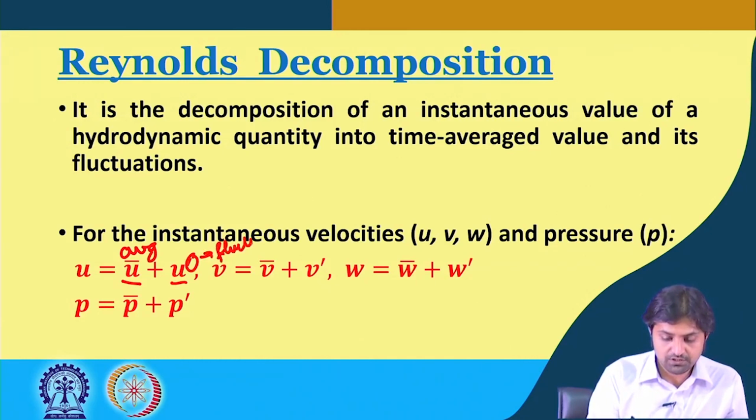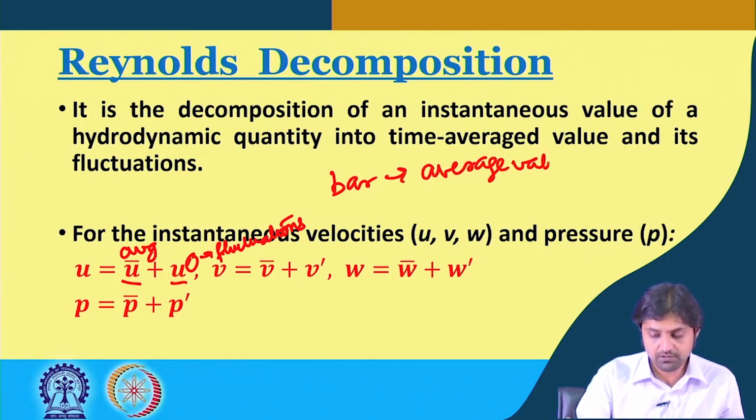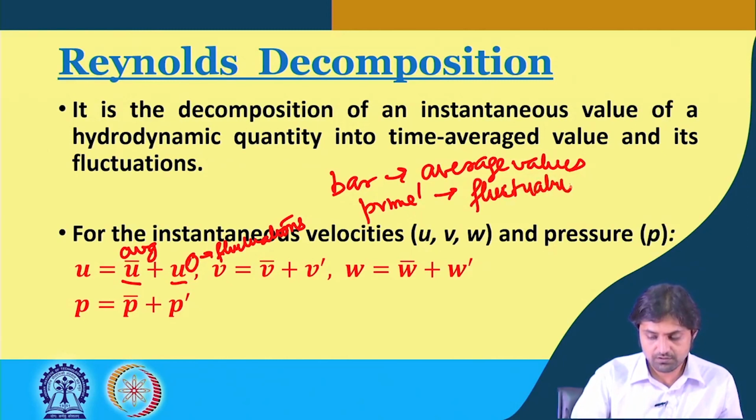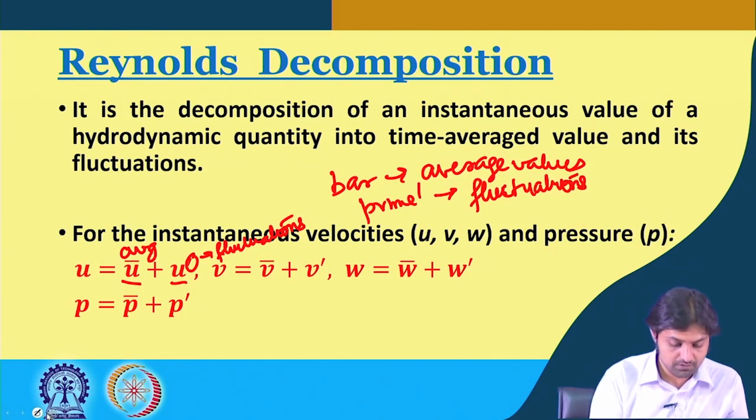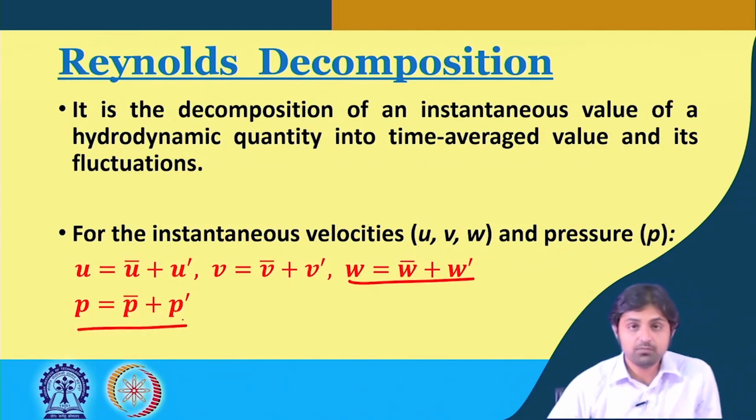Bar denotes average values and prime denotes fluctuations. w is w bar plus w prime, p is p bar plus p prime.